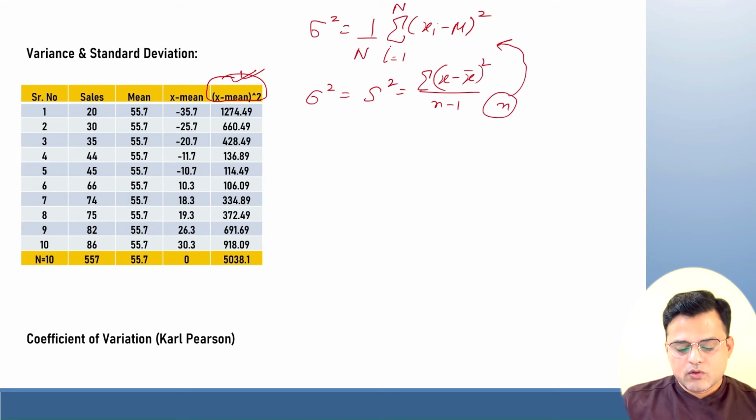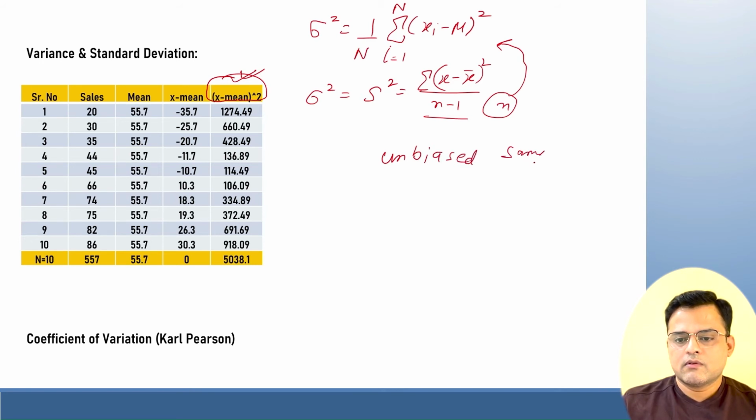That's why, to remove this bias, we divide by n minus 1, so that your sample variance actually represents the population variance and there is no bias. When we divide by n minus 1, it is called the unbiased sample variance.